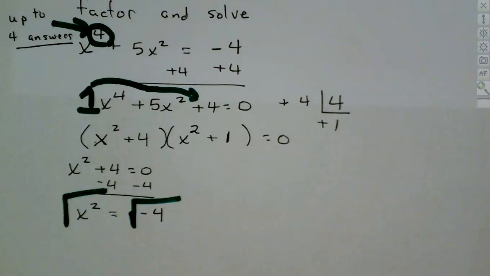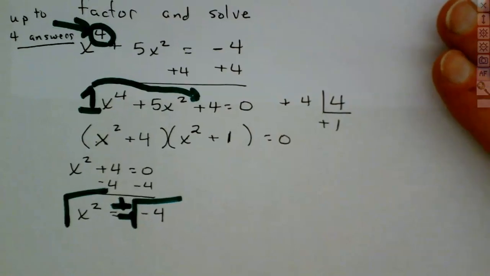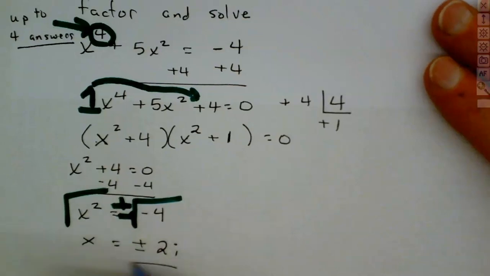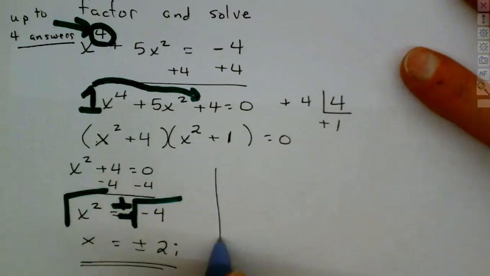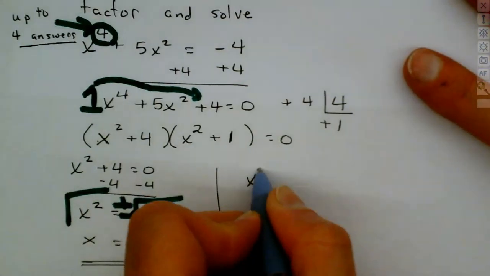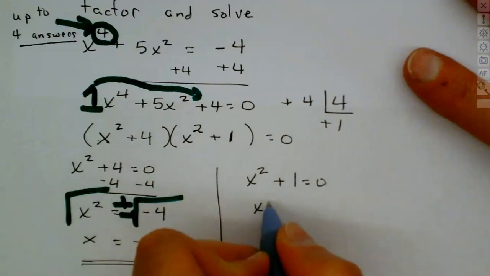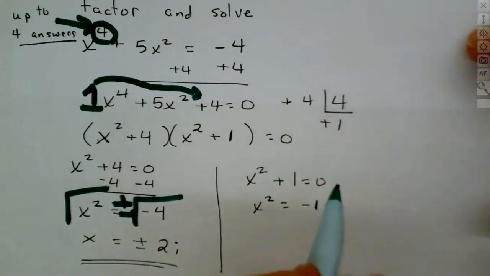Whenever we take a square root, we add that plus or minus. But what about the square root of negative 4? What would that come out to? Plus or minus 2i, wouldn't it? So there's two solutions right there. What about the other one? Well, the other one is x squared plus 1 equals 0. So x squared equals negative 1. We repeat the process.